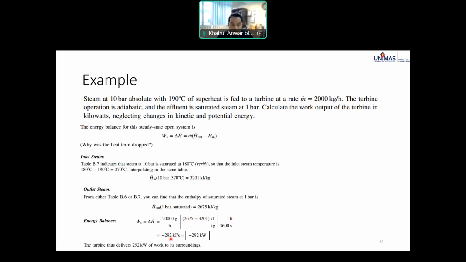After unit conversion, we get negative 292 kilojoule per second, which is negative 292 kilowatt. The turbine does deliver 292 kW of work to its surroundings. So the negative reflects that work goes from the system to the surroundings.